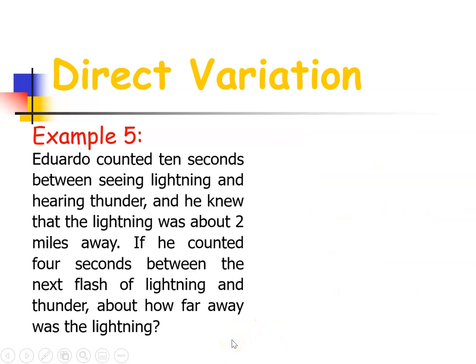Example 5. Eduardo counted 10 seconds between seeing lightning and hearing thunder, and he knew that the lightning was about 2 miles away. So 10 seconds over 2 miles, right? Seconds over miles. If he counted 4 seconds between the next flash of lightning, seconds is going to go on top. So I put M for miles. Again, you can use x. That's fine. See if you can guess what I'm going to multiply first on this one.